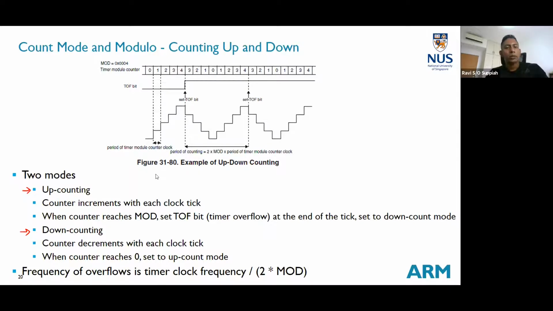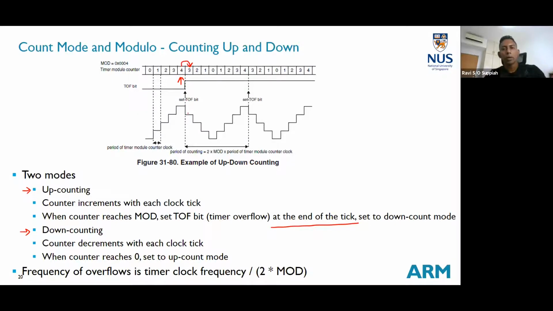So in this case, when I reach the mod value, the timer overflow flag is set at the end of it. You can see that when I reach 4 and start to count down, at that clock edge is where the timer overflow flag bit is set.